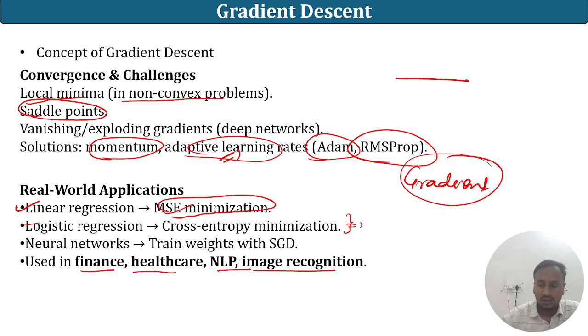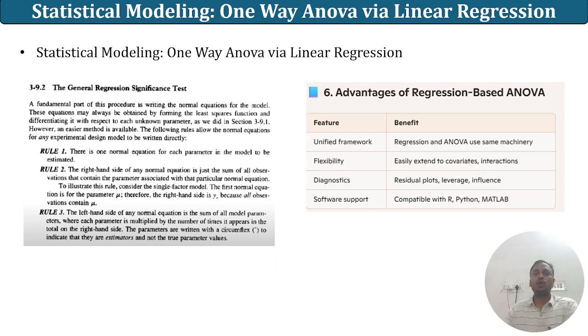Yes, sir. So now we will discuss how to do one way ANOVA using linear regression. The question will come, why would we do this? Because when it is a linear regression case, we can directly apply it. But in ANOVA cases we have to make groups, two or more than two groups.